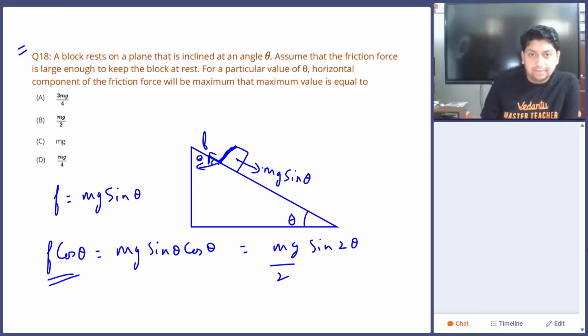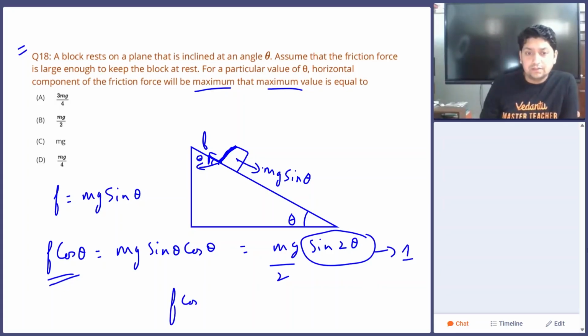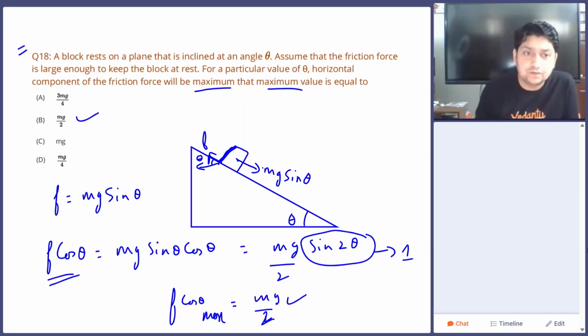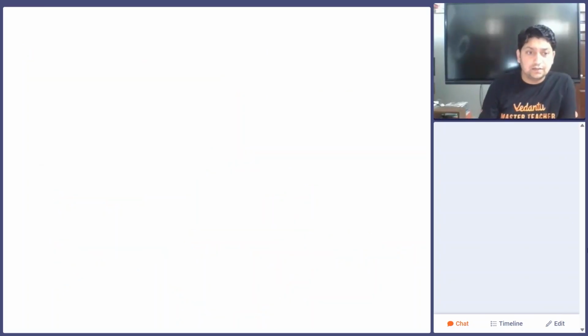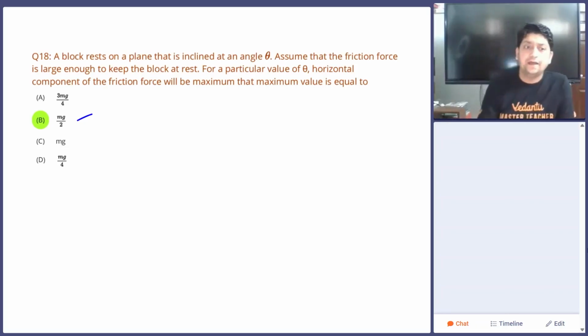Okay, now to maximize this component, we need to make sine 2 theta maximum, and its maximum value will be nothing but 1. So f cos theta max will be mg by 2. That's it. So B option has to be the correct answer, right? So this is the way of solving such type of question. Yes, B option is the correct answer.